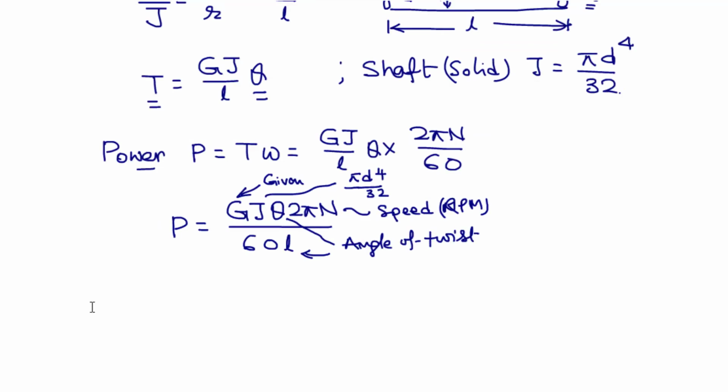So P simply equals G J 2 pi upon 60 for a shaft, and this is fixed.